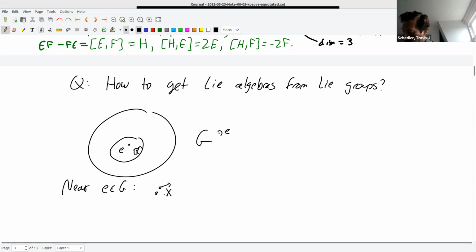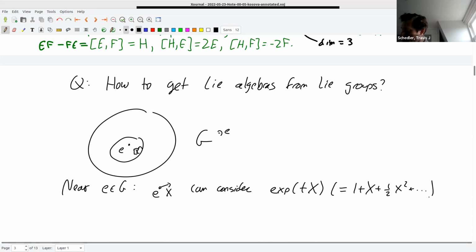Let's call this vector X. You can consider little paths, which you can think about as the exponential of tX. If you're writing it inside Rn, there are different ways to define this, by differential equation or by power series. We have to make sense of this, but there are ways to make sense of this.